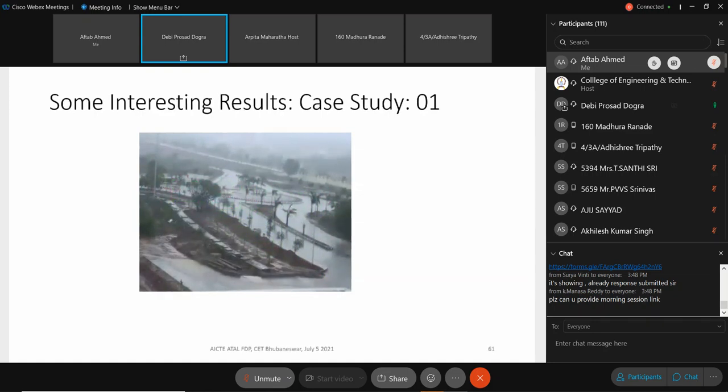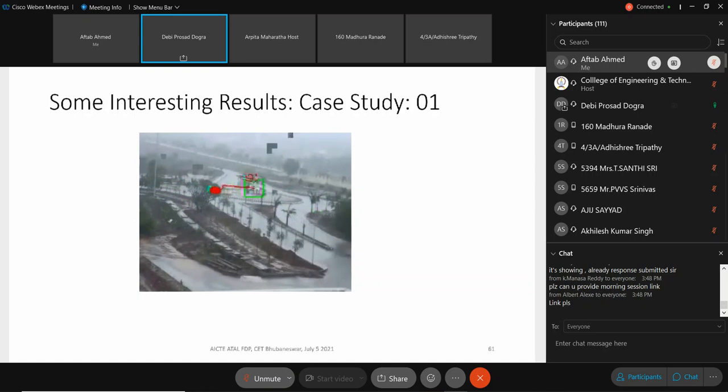Why I'm saying this is a challenging scenario: this video was recorded at IIT Bhubaneswar campus on a rainy, cloudy day. You can see that it was raining heavily, with a fixed camera.